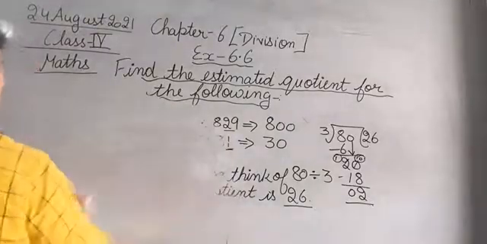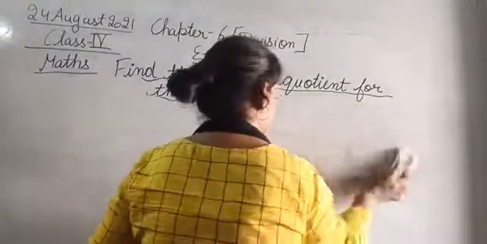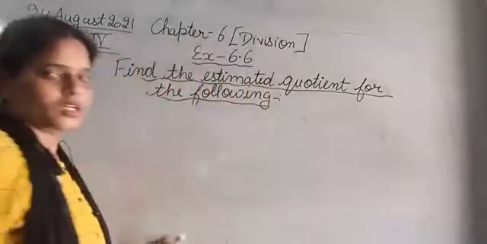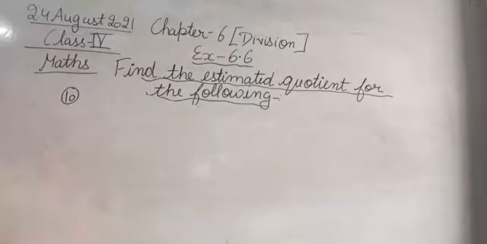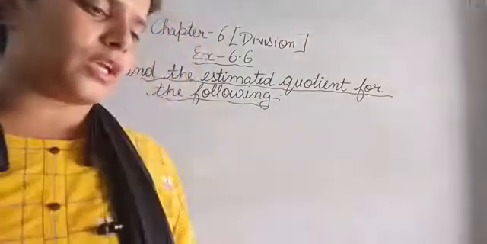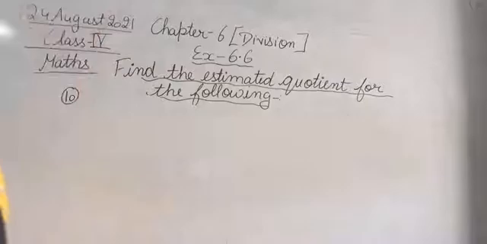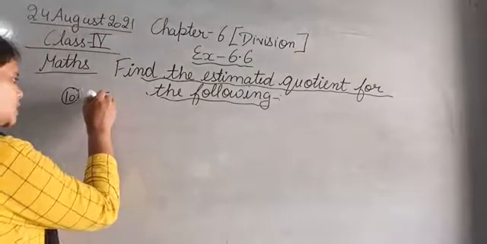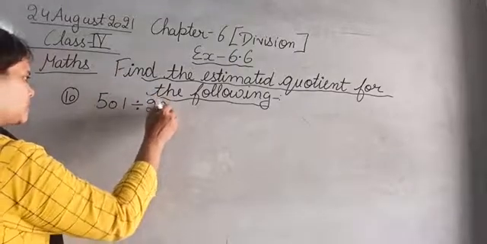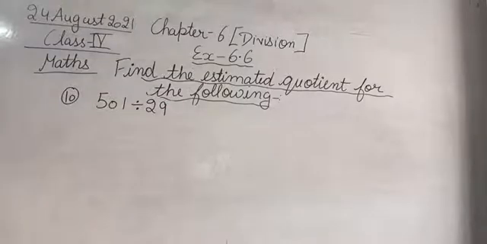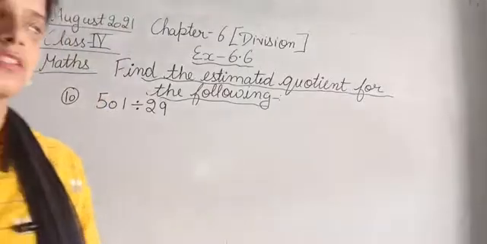So the 10th question is 501 divided by 29. 501 divided by 29. Again we have to find the estimated quotient.